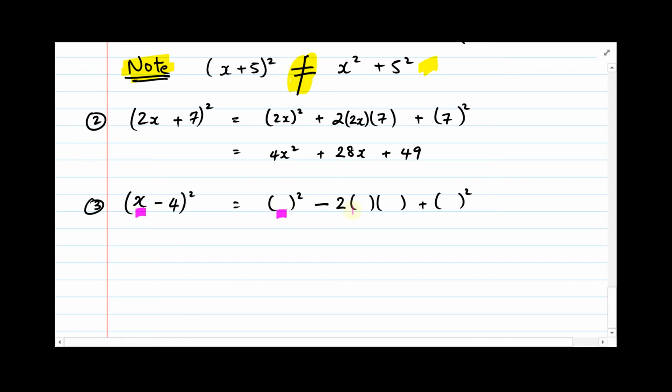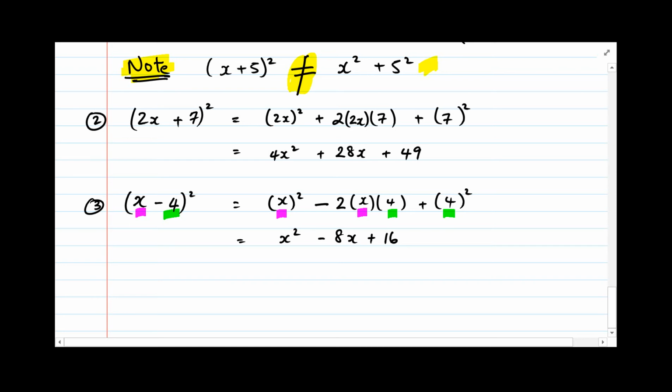This was the first term in those places. And if we're looking at last term, it is 4. We don't put minus 4, we just put 4. The negative sign has been accounted for already. And so we get x squared minus 8x plus 16.